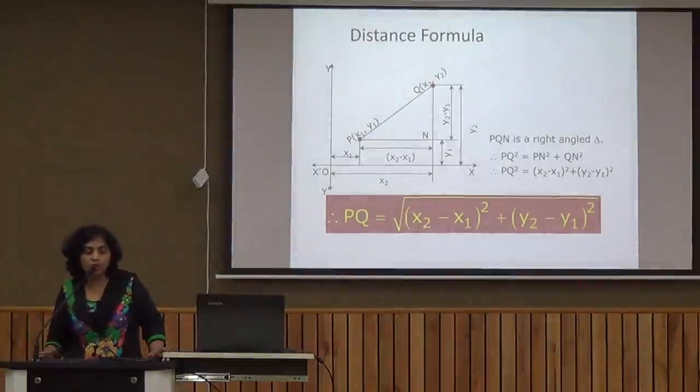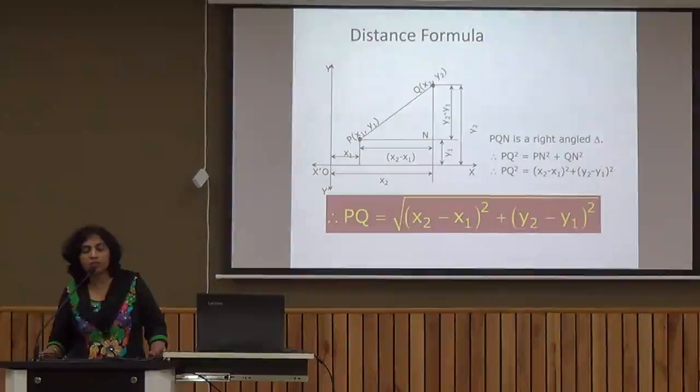So the horizontal distance from the y-axis is x1 and the vertical distance from the x-axis is y1. Similarly, at point Q, the horizontal distance from the y-axis is x2 and the vertical distance from the x-axis is y2. Let's take triangle PQN.